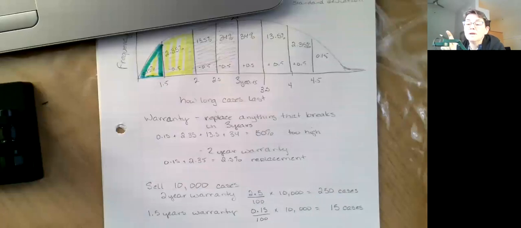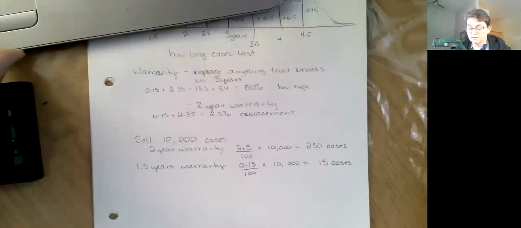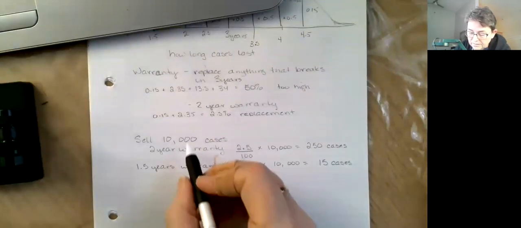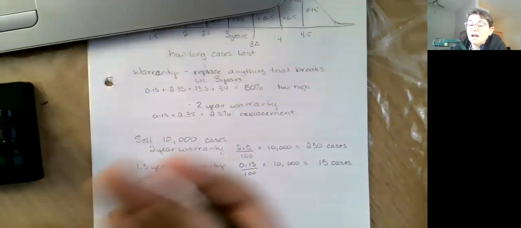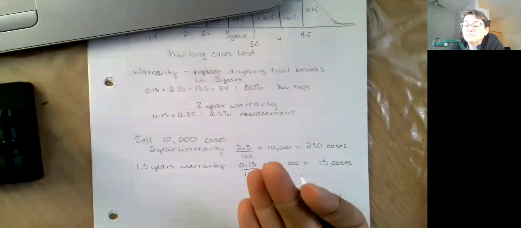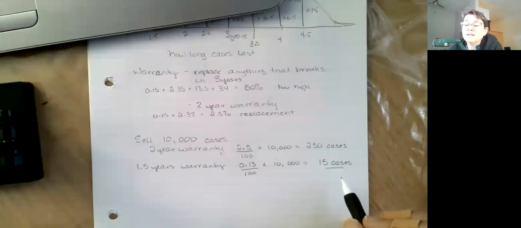Now, one thing I should clarify. So we said we had a shipment of 10,000. So we sell these 10,000. If I pick a phone case out of there, okay, so I randomly open a box, I pick one out, I don't know how long it's going to last. But I know in that case of 10,000, there'll be about 15 of them that are going to die before a year and a half.